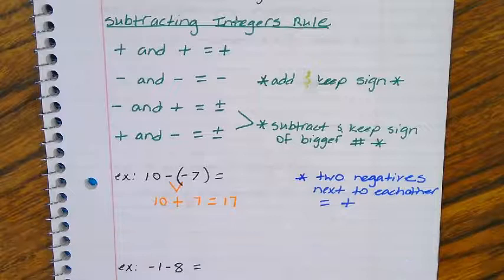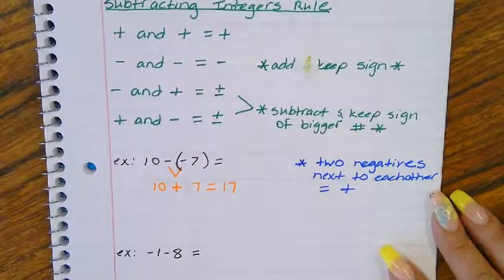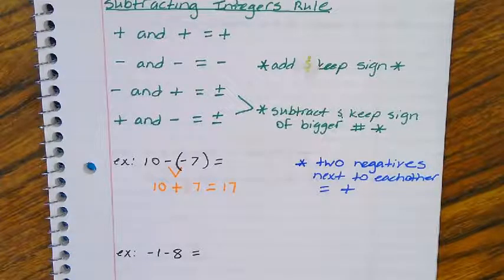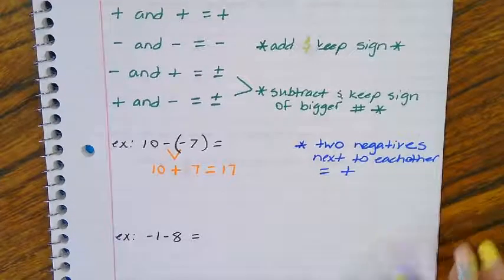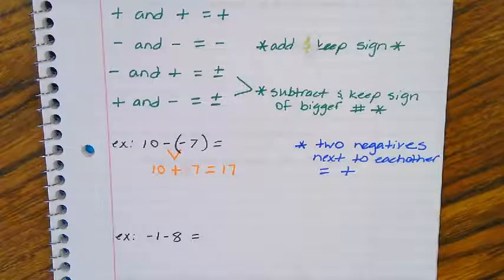Okay, no one's saying anything, so let's look at negative 1 minus 8. Write that down. I always leave myself too much room. Oh well. All right, so we're going to use our rules. We have two negative numbers, right?